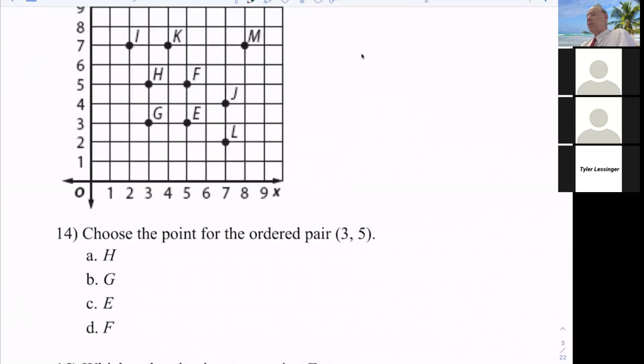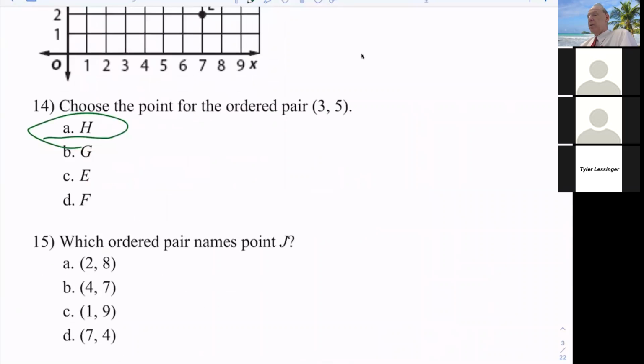Choose the point for 3, 5. So again, if we're doing 3, 5, we're counting over to the right 3, and then going up 5. So the answer is H. Okay, next.